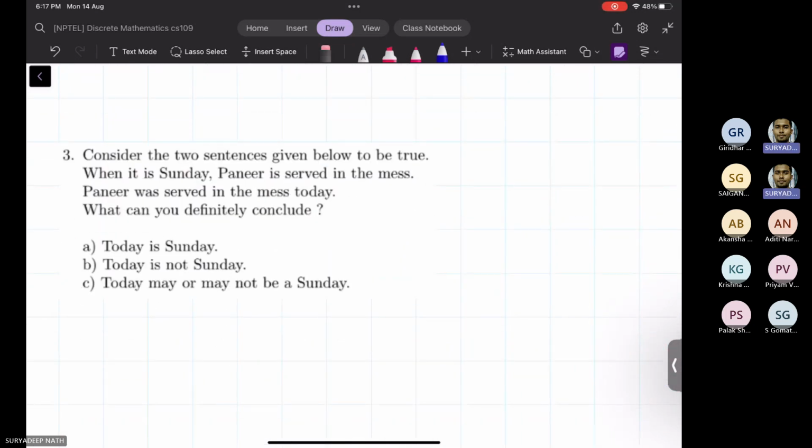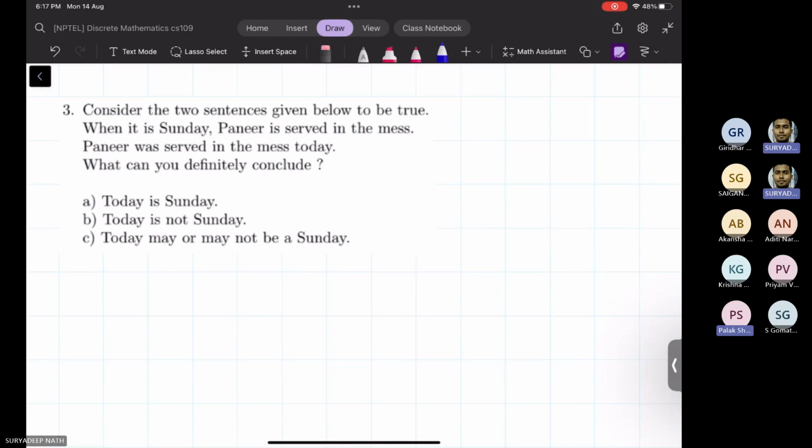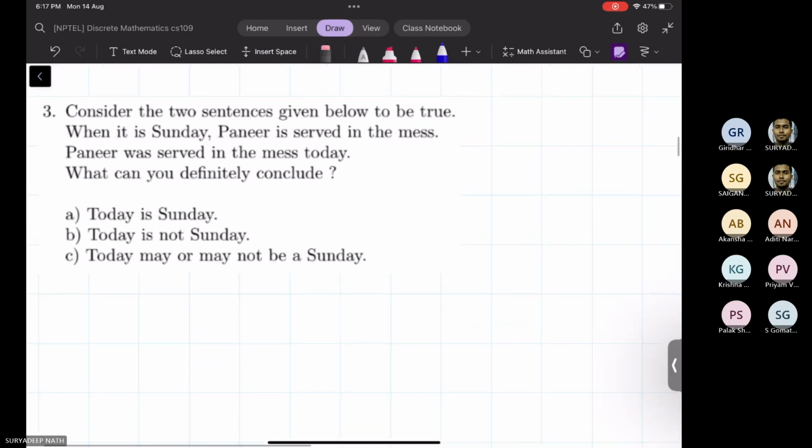So we have two sentences. Consider two sentences. So when it is Sunday, paneer is served in the mess. Paneer was served in the mess today. So what can you definitely conclude?